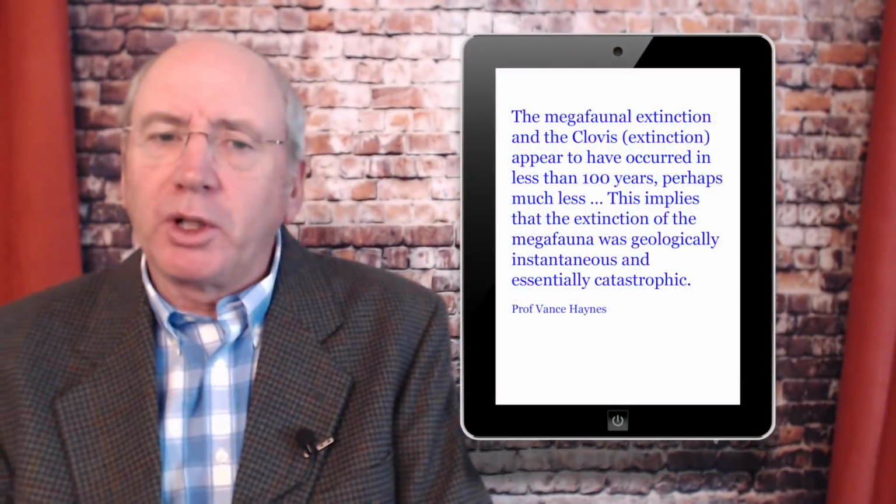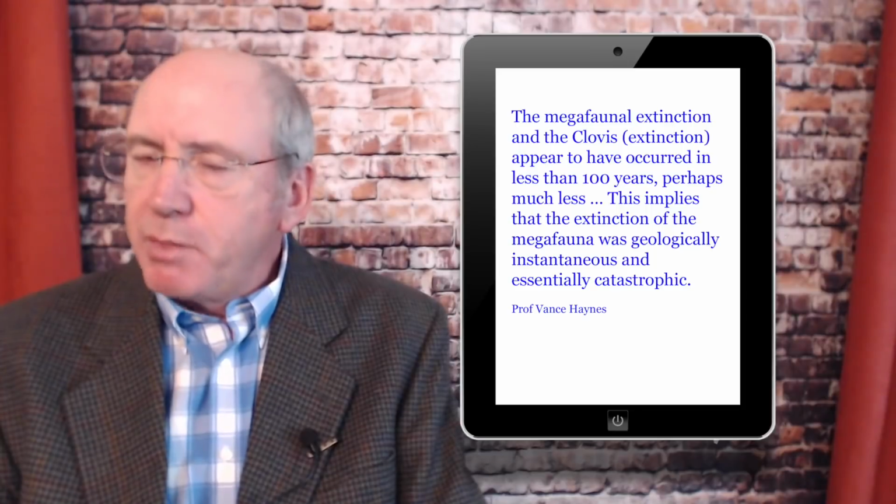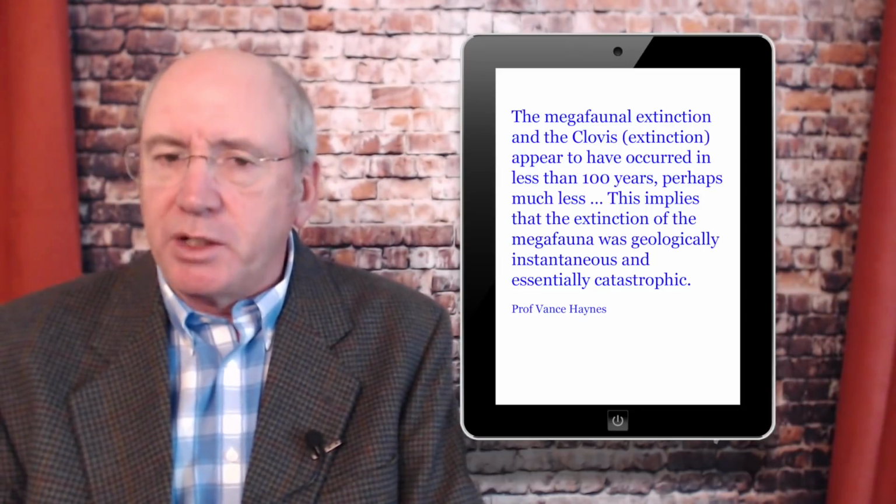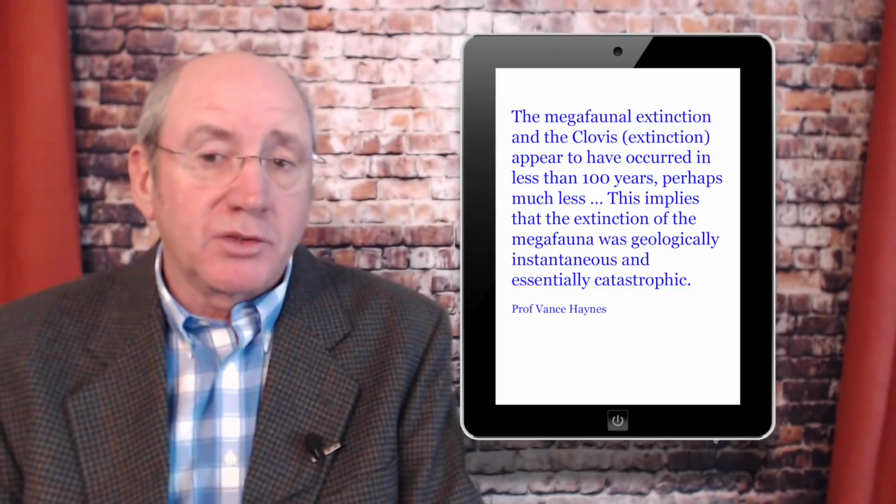And Professor Vance Haynes goes further than this, much further than a scientist would normally go. And he says of the Younger Dryas period, the megafaunal extinction and the Clovis man extinction appears to have occurred in less than 100 years, perhaps much less.